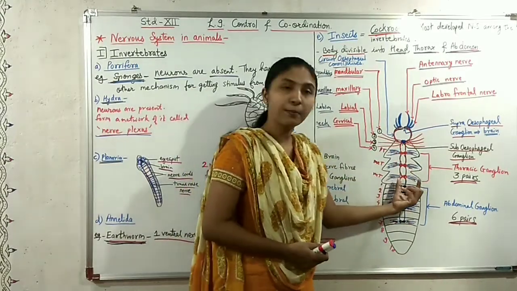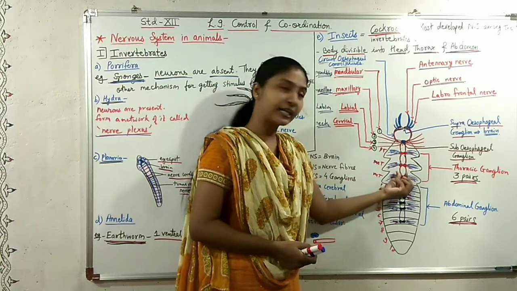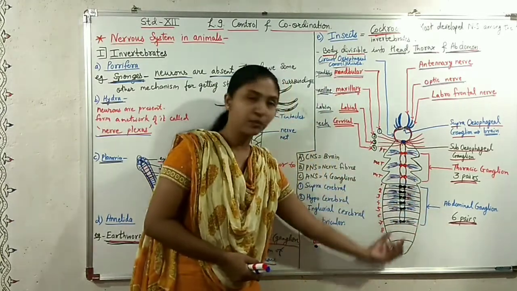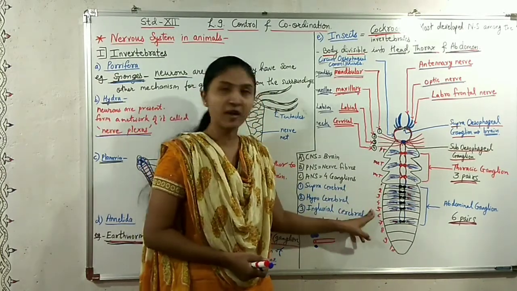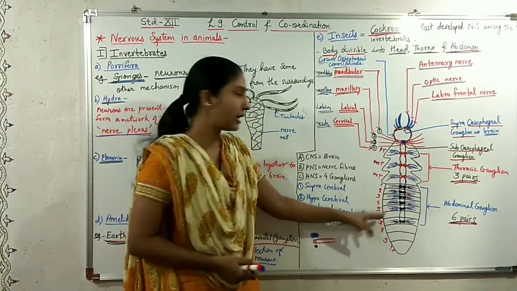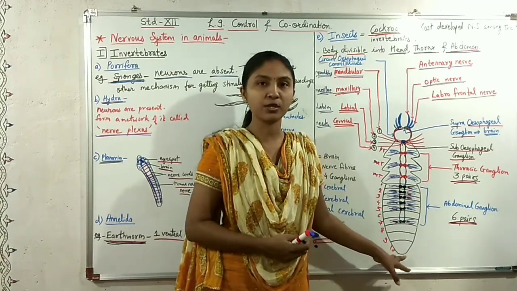And there are 3 pairs of ganglions in the thoracic region. They are also connected by the commissures. There are 6 pairs of ganglions in the abdominal region. The first 5 pairs are present in the first 5 segments, and the last pair is present in the 7th segment, and all these are also connected by nerve commissures.